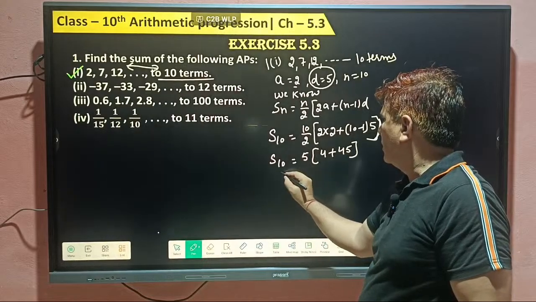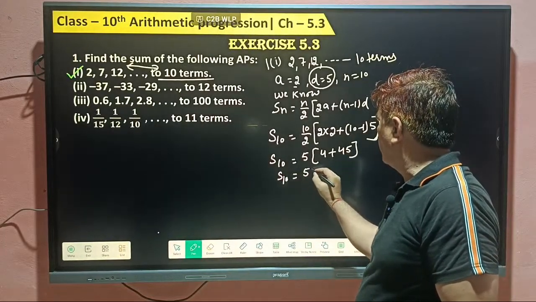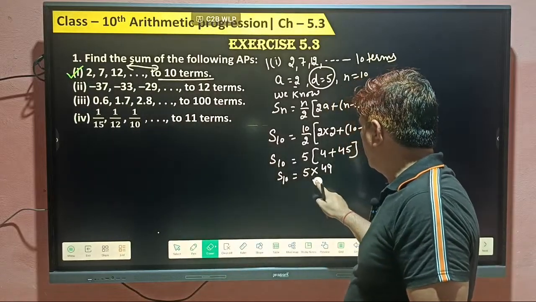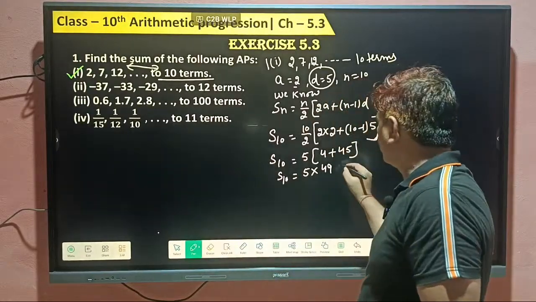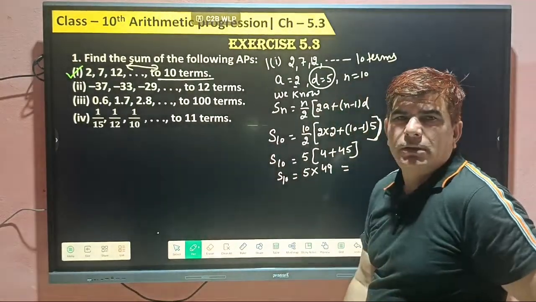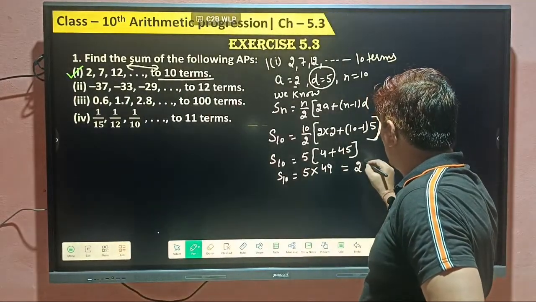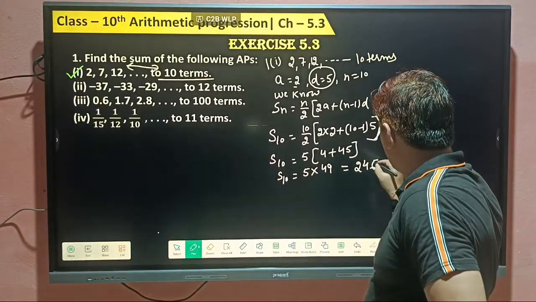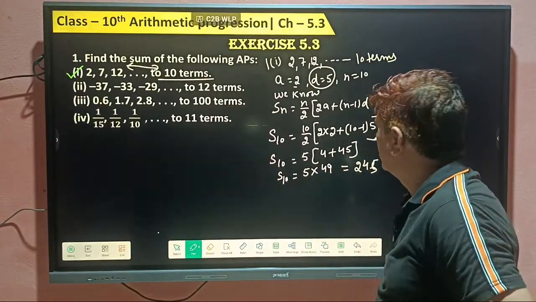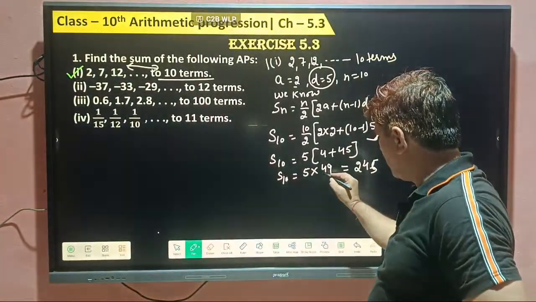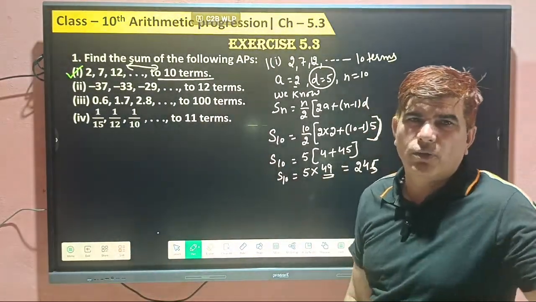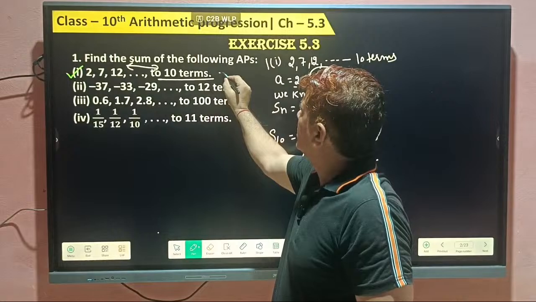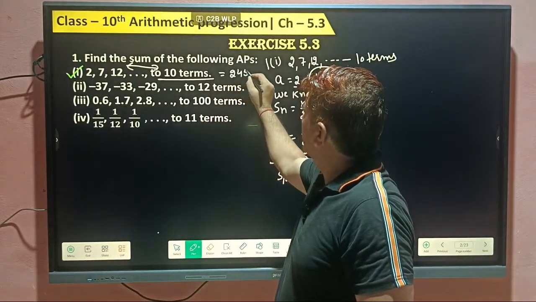So S10 equals 5 into 49, which is 245. Here you can apply another method, otherwise directly calculate. So the sum of the first 10 terms of the given AP is 245.